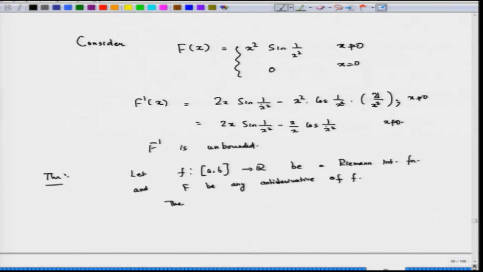Then the integral from a to b of f(t) dt is equal to F(b) minus F(a).